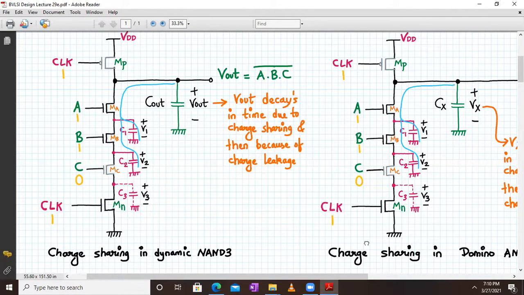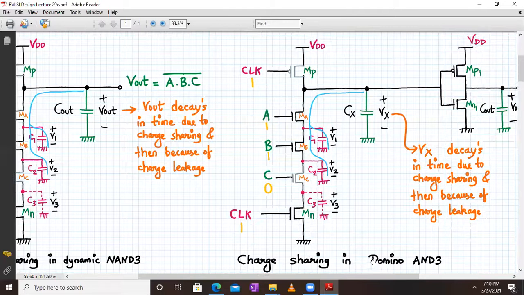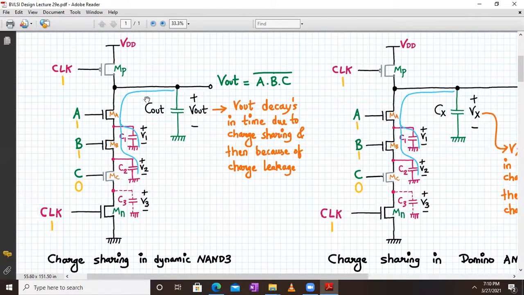This analysis is extended to the charge sharing in a domino AND gate. Over here we have seen before that, in the evaluate state, when A and B inputs are 1 and 1 and C is 0, the output node shares the charge between the output capacitor C out, shares the charge between C1 and C2. That's why the output voltage reduces.